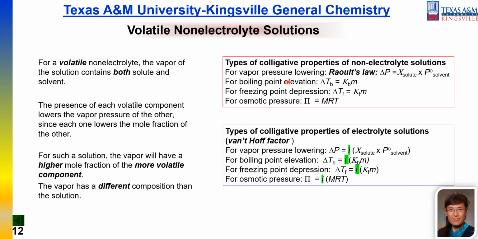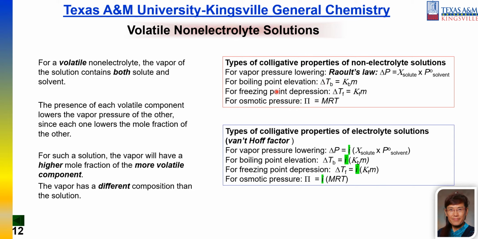Meaning if you form a solution, the boiling point of the solution will be higher than the pure solvent. For example, for water at 1 atm, the boiling point is 100. If you produce a solution, the boiling point will be higher than 100 Celsius.